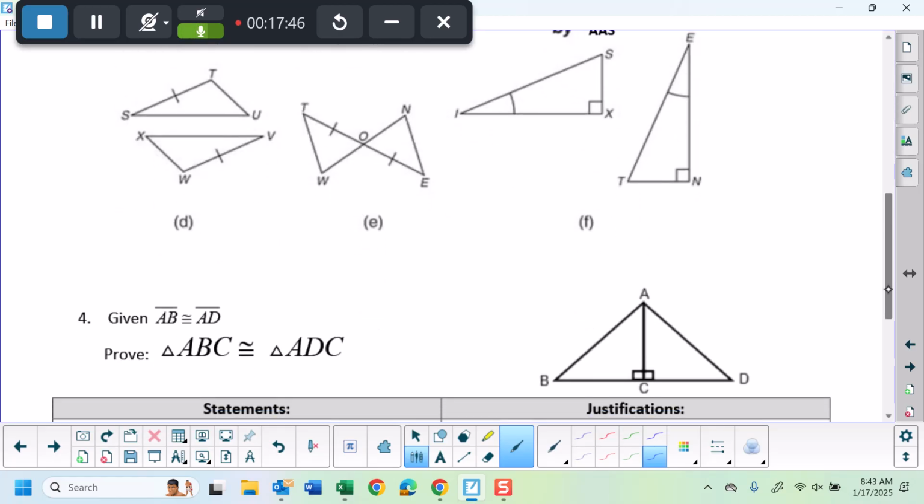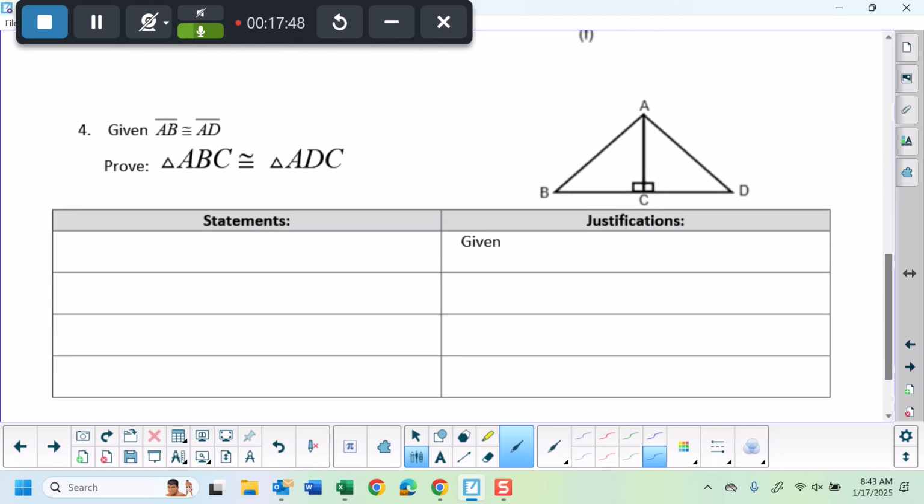All right, let's talk about this proof down here. Given that AB is congruent to AD, everybody hold your partner accountable. Make them show you that they talked to their diagram. Peek at their paper, say, show me. All right, when you go through this proof, step one, read it.